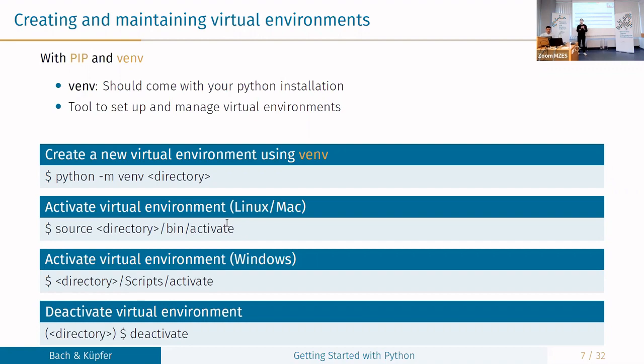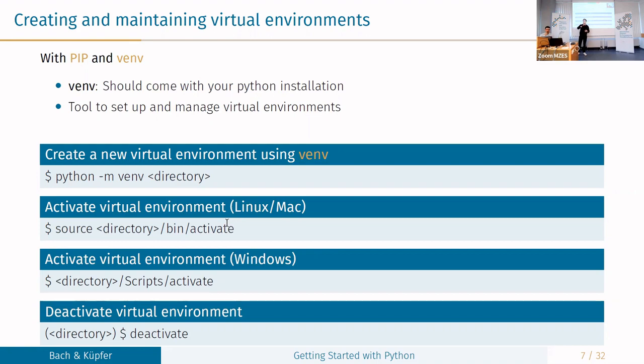Just say python, which means we want to run some Python code, -m venv, and then some directory. So say you want to install it into, I don't know, home, users, Ruben, and then my new virtual environment. Then you would put this in place of a directory, and you have some folder which you give a name. And then you've created this new virtual environment.